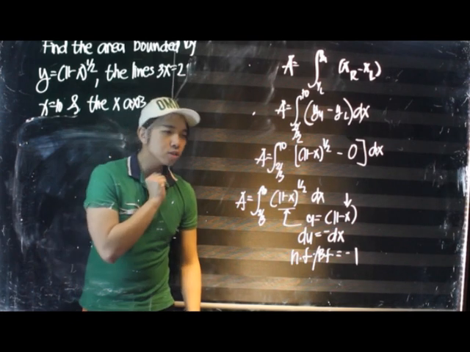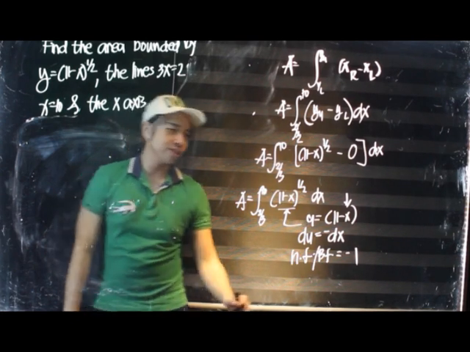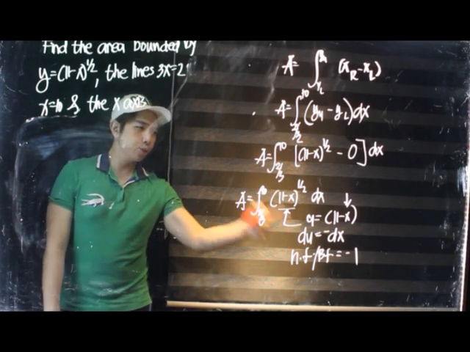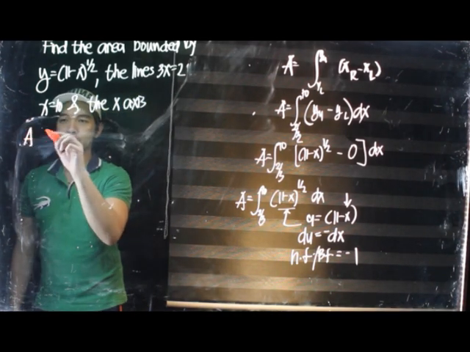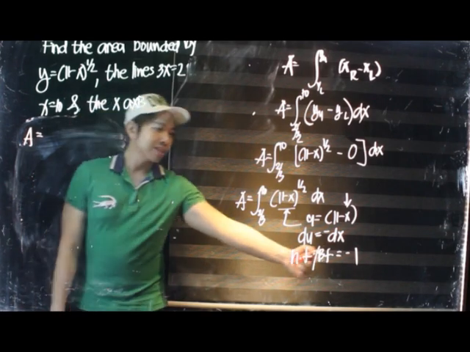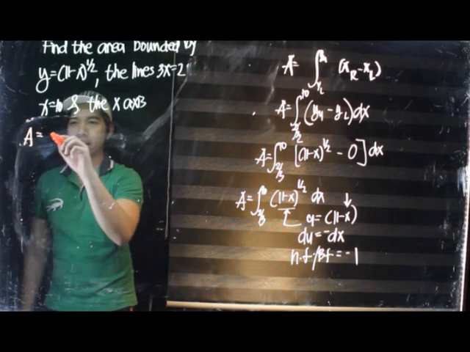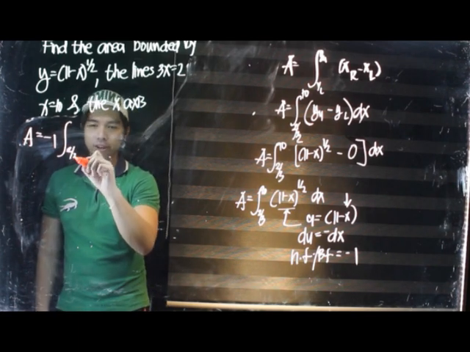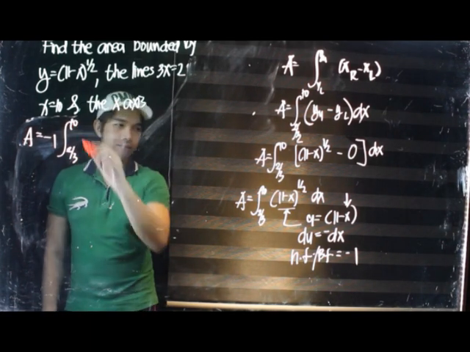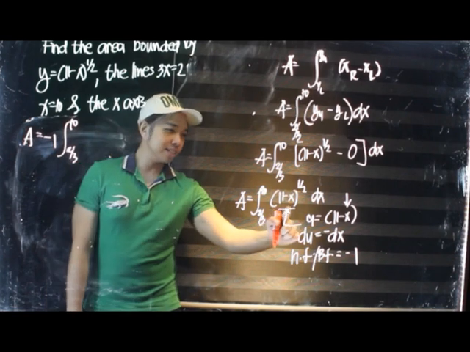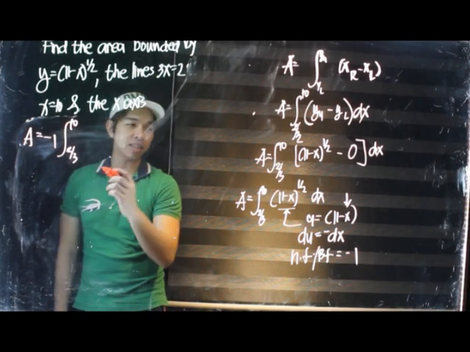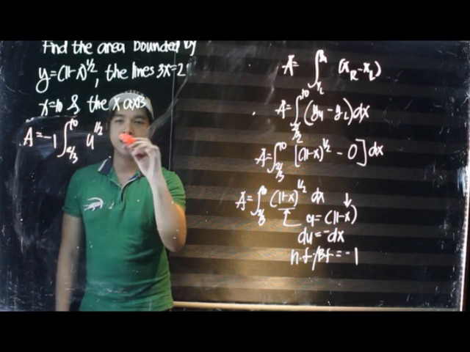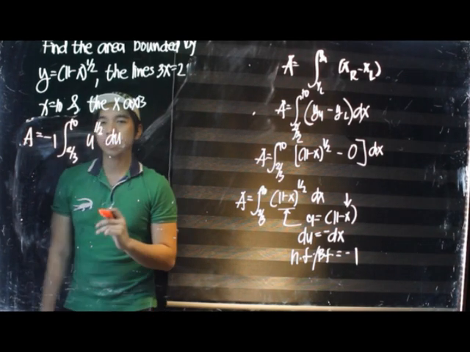So from here, we can now simply substitute u into the x, so that the area can be rewritten as, getting the neutralizing factor -1, the integral with lower bound 2/3, upper bound 10. Since this is our u, we can simply substitute that with u. So that would be u raised to 1/2, du.